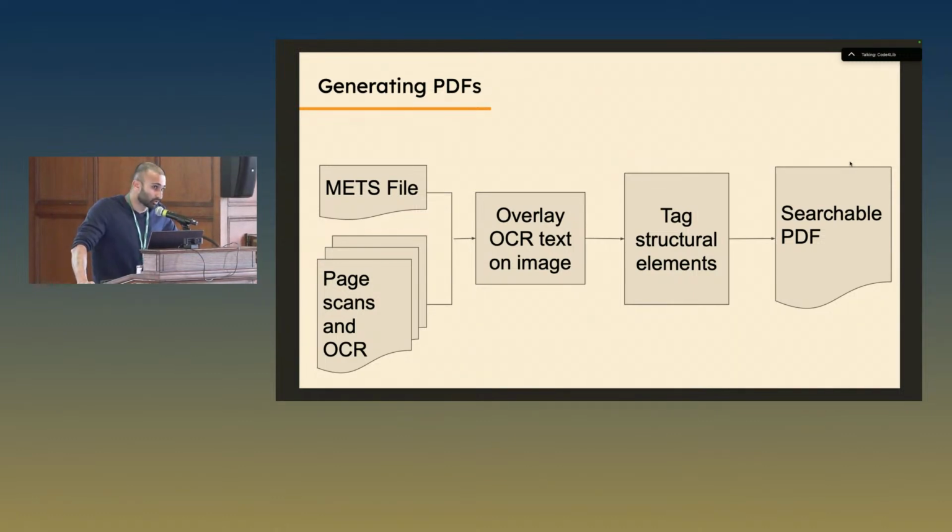So first we take the text, we overlay it on the image. We do some extra processing to get some more structural elements. So we actually get things like chapter headings and semantic page numbers as opposed to just the index of the page in the PDF, just to make it a little more usable. And then we also add in some metadata and then serve that.